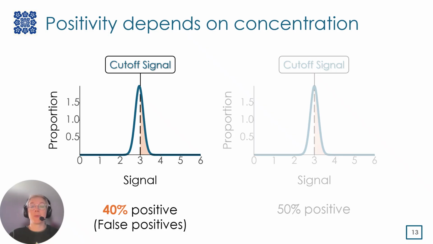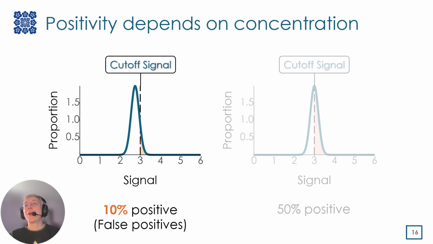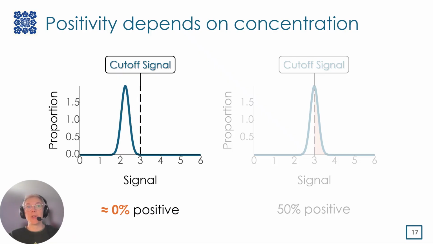Of course, as we move away and away and again away from the threshold, we get a smaller number of false positives until we can reliably classify all of the samples as negative, because our concentration is far away from the cutoff signal so that there's no overlap of the distribution with the cutoff signal.